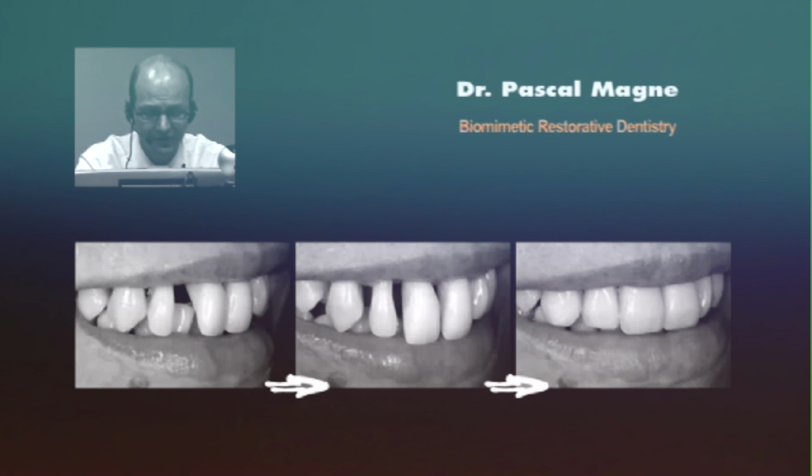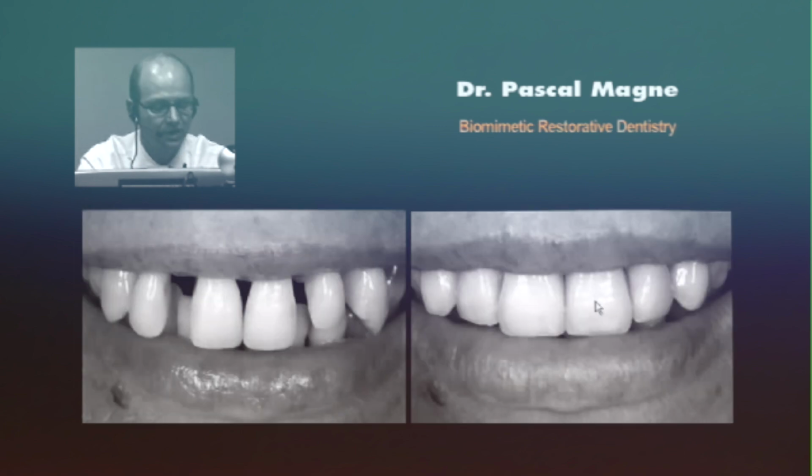Now you have a summary of the case. On the left side before the orthodontic treatment, in the middle after the ortho, and on the right hand after placement of these restorations. It is not a 100% aesthetic case. There are many things we couldn't do the way we would do it in a patient with an intact periodontium. However, it is a very nice and acceptable compromise.